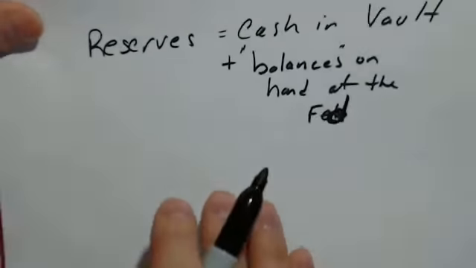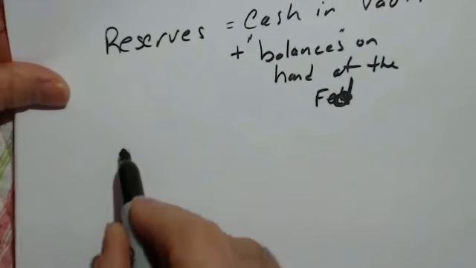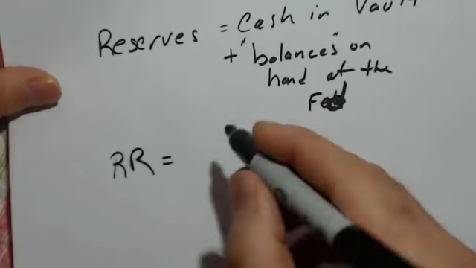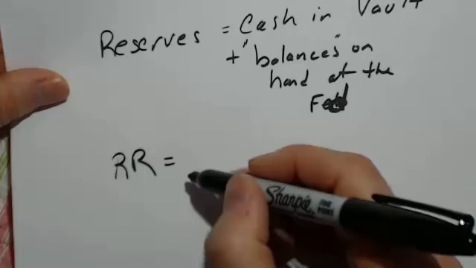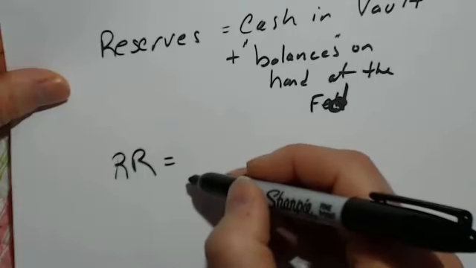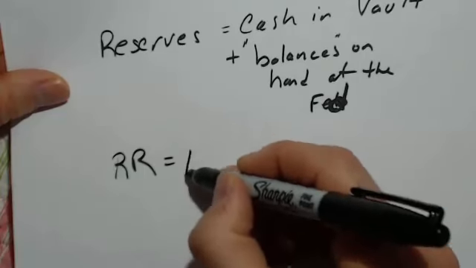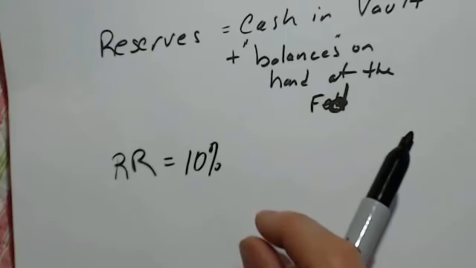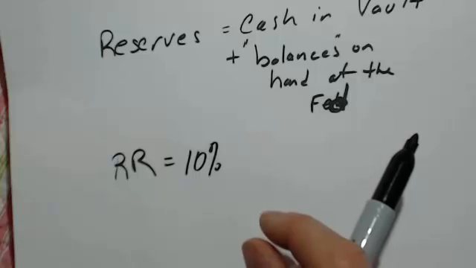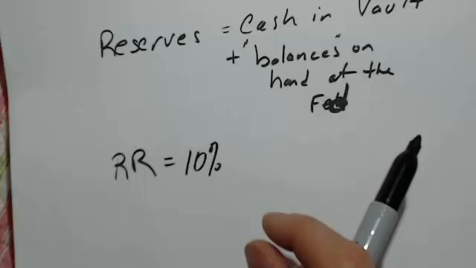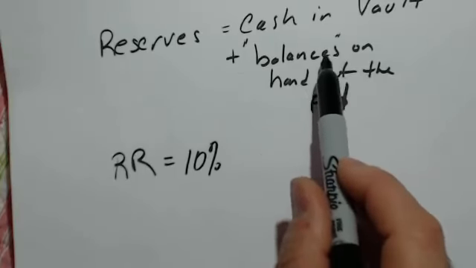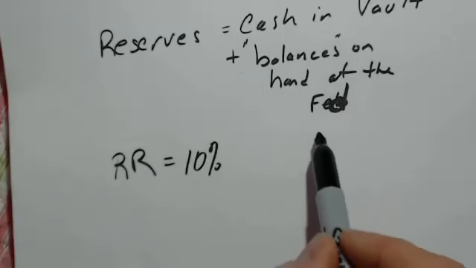Sorry about that. The Fed sets reserve requirements, often denoted as RR, and the reserve requirement we typically assume for academic purposes in a basic money and banking course is basically 10%. That's not too far off. In other words, if you deposit $100 as an individual in a bank, the bank needs to maintain $10 in its vault or somehow in balances on hand at the Fed.